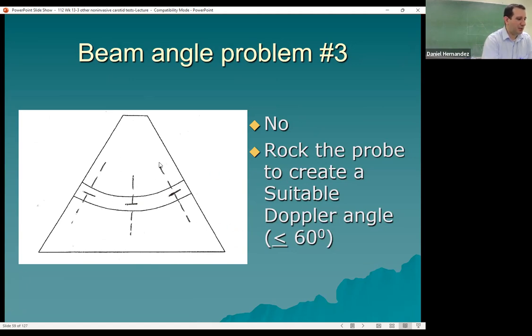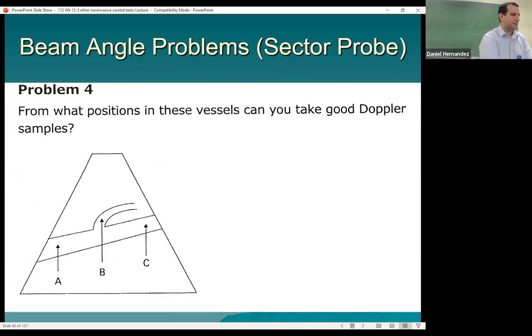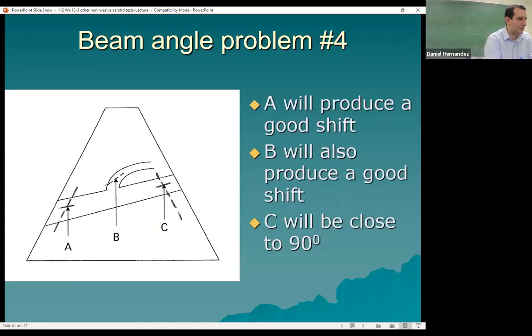So we'd have to rock the probe, try and manipulate the lie of that vessel just by rocking the probe. So this is pretty similar to that previous question. We get good angles at A and B. At C, we're close to 90 degrees.